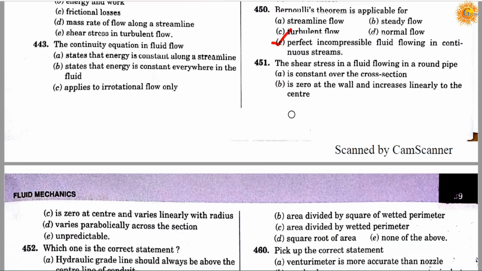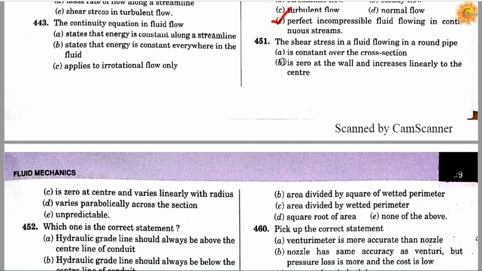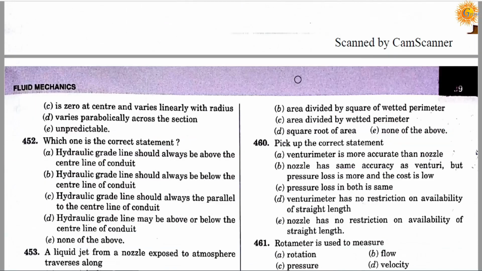Question number 451. The shear stress in a fluid flowing in a round pipe: option A, is constant over the cross section. Option B is zero at the wall and increases linearly to the center.